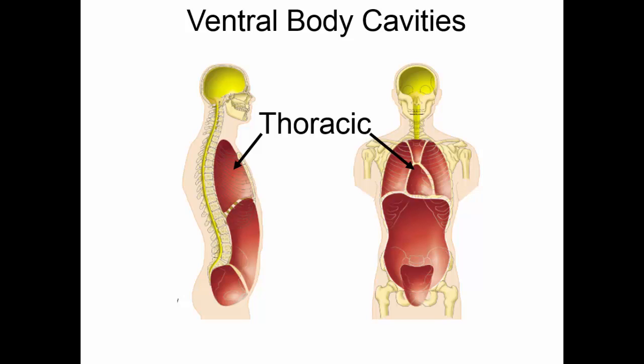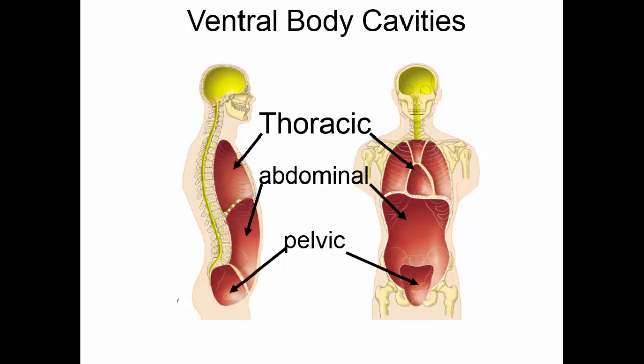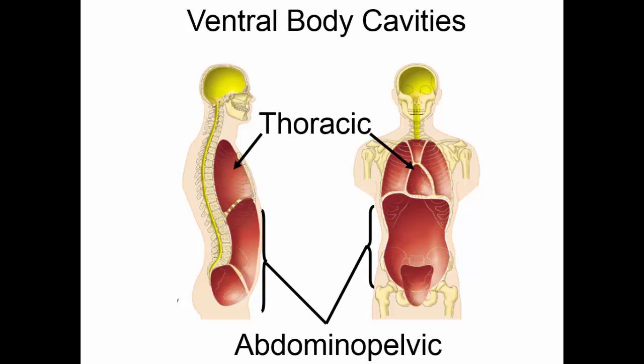This holds the heart and the lungs. And then we have the lower ones, the abdominal cavity and the pelvic cavity. Now, the abdominal cavity houses the digestive organs, and the pelvic cavity houses the reproductive organs and the urinary bladder. Sometimes this whole area is referred to as the abdominopelvic cavity.